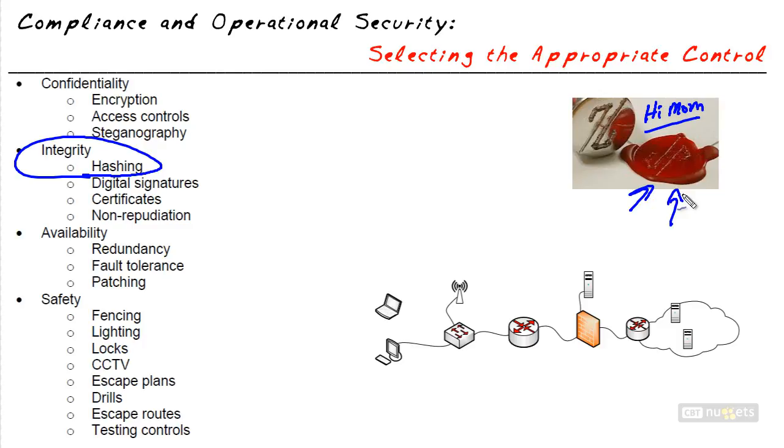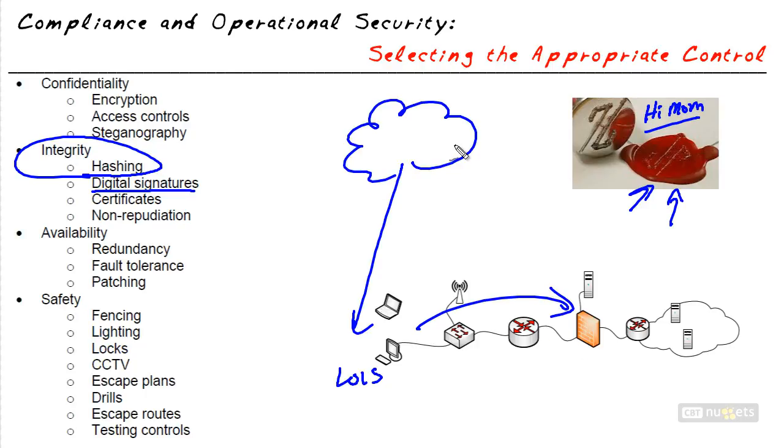Now today, in the 21st century, we can also do a form of a seal on documents. And in a digital format, this is referred to as a digital signature. So for example, Lois, if she was going to download a file before she deployed it on the firewall, if she's downloading it from the vendor, instead of generating her own hash against that file and comparing her hash against the hash that the vendor said it should be, another option might be that the vendor digitally signed the file.